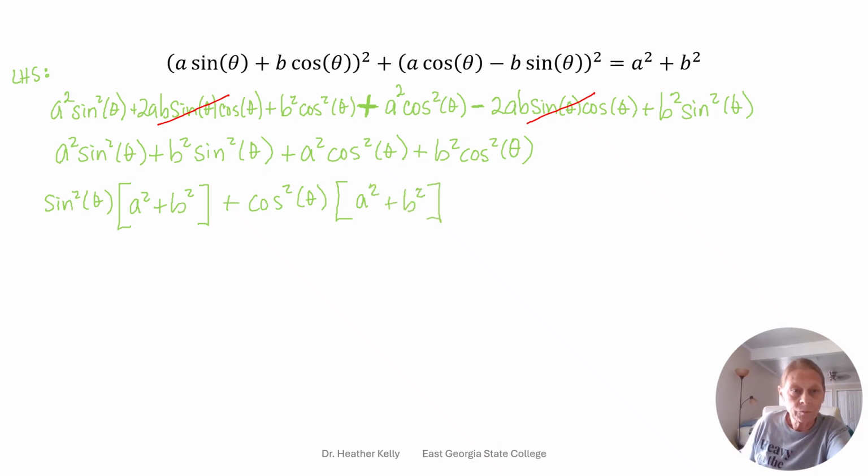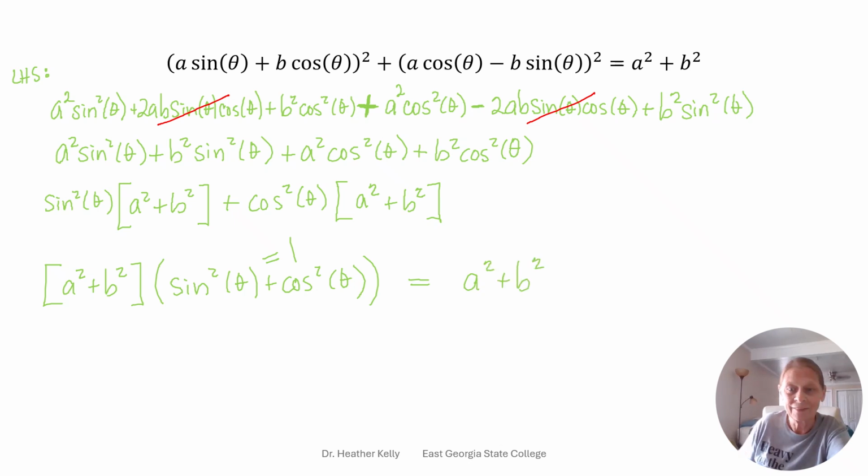And now we can factor an a squared plus b squared out of this whole thing, and we'd be left with sine squared theta plus cosine squared theta. And that equals 1. So we get a squared plus b squared. It just tickles me.